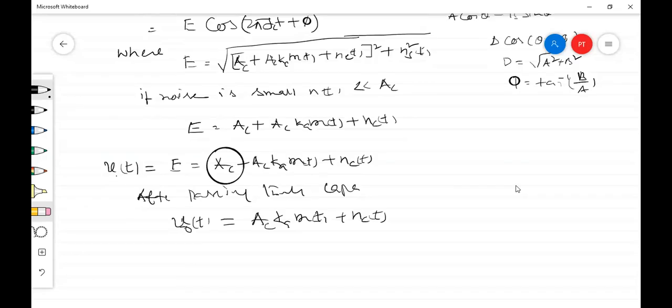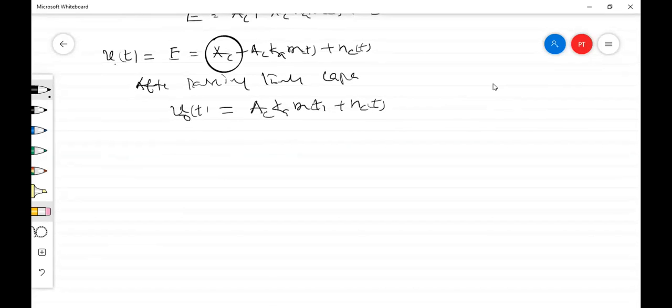And now, you see, this is the output signal component, and this is the output noise component. And as usual, you can find out the output signal power and noise power.